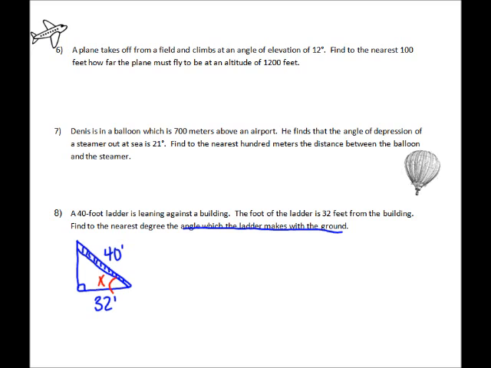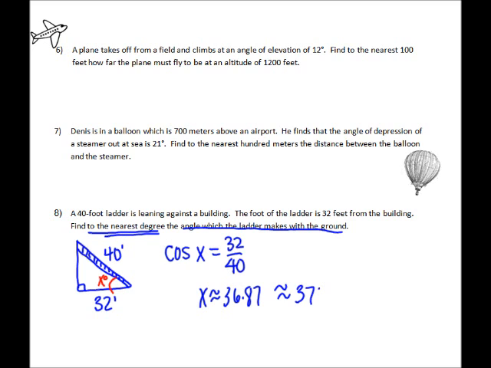So this is the degree that I'm finding, and I need to pick a trig ratio that would be appropriate. Since I have the hypotenuse, it's either sine or cosine, and this one is cosine. So cosine of x is 32 over 40. And you would use your second function key, and x would be approximately 36.87, and they said to the nearest degree, so I'm going to round that to 37 degrees.